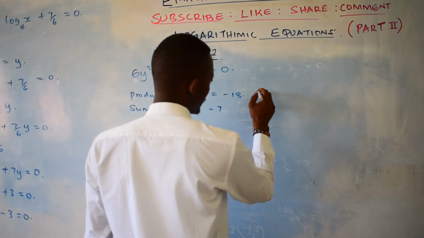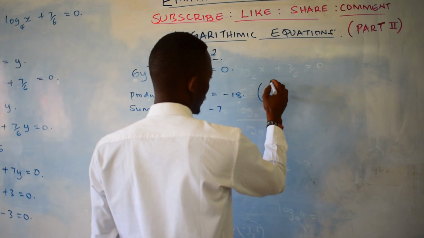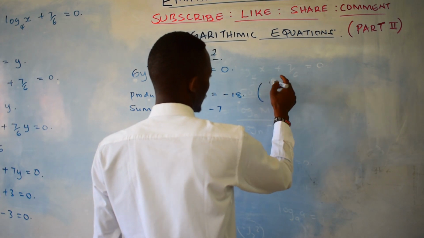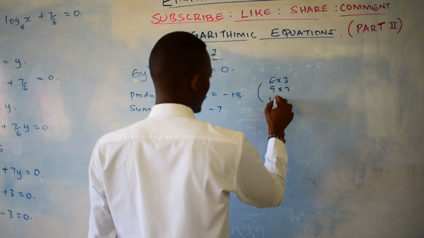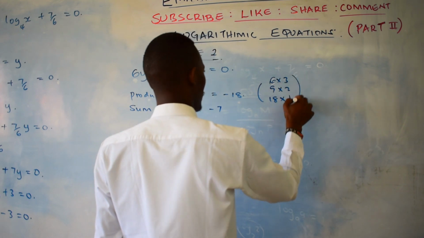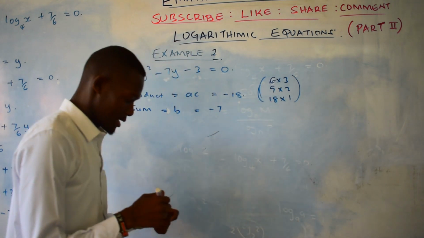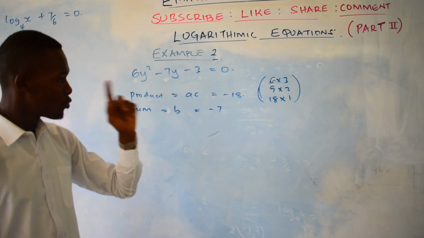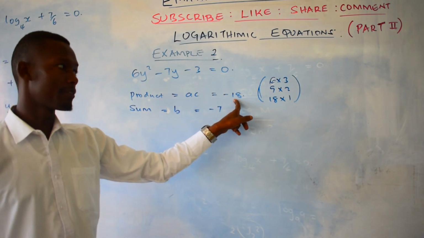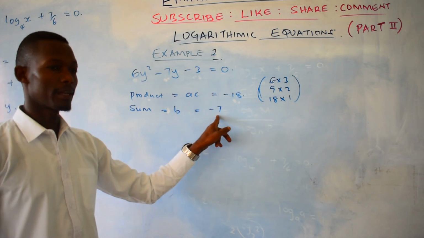We can have 6 times 3, we can have 9 times 2, we can have 18 times 1. So you can have these numbers. And now we find a combination of these numbers which will give you a product of negative 18 and a sum of negative 7.